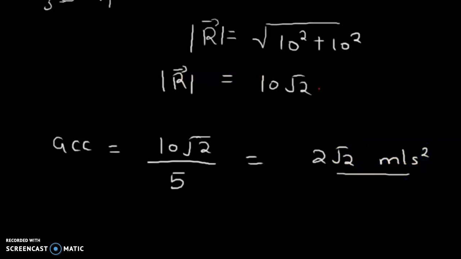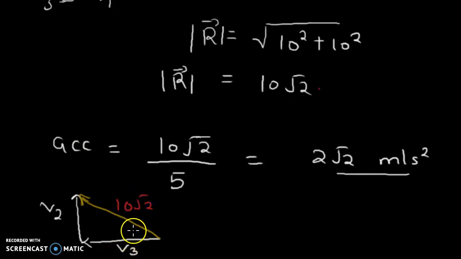Moreover, I can also comment on the direction. Say for example, this was v2, and this was v3, or actually the negative of v1. I give another name for the negative of v1, that is v3. So this was the resultant, and I know the resultant is 10 root 2.